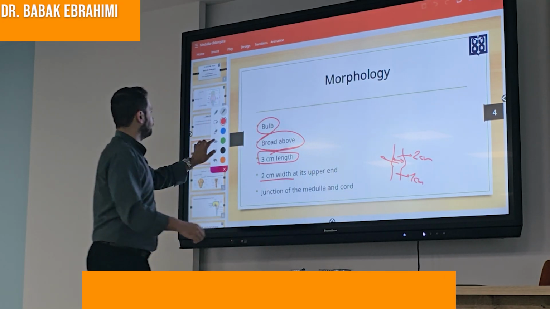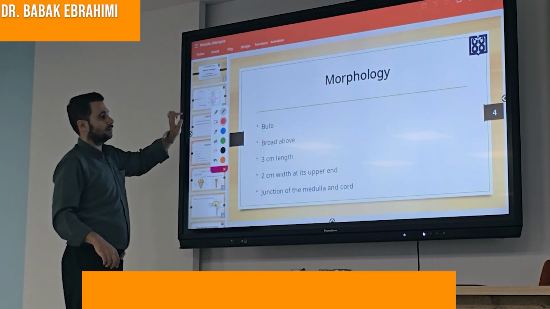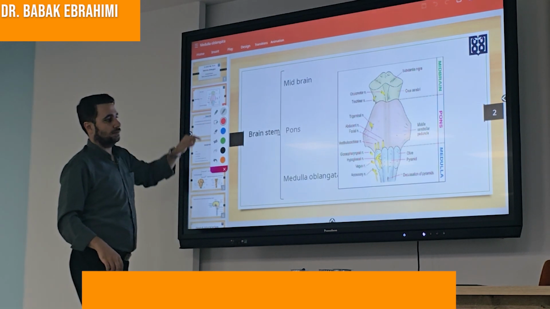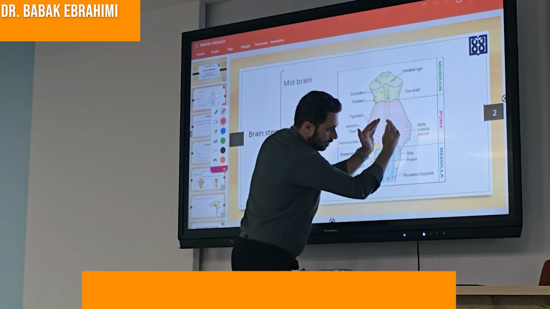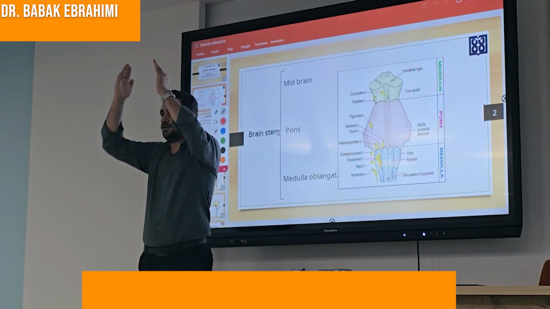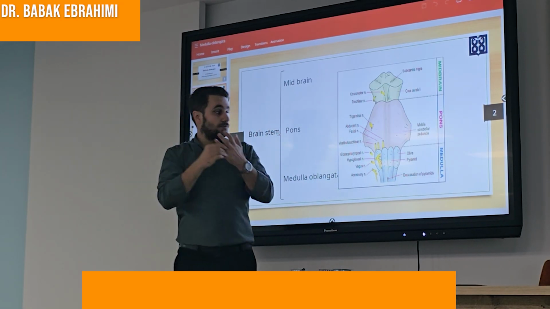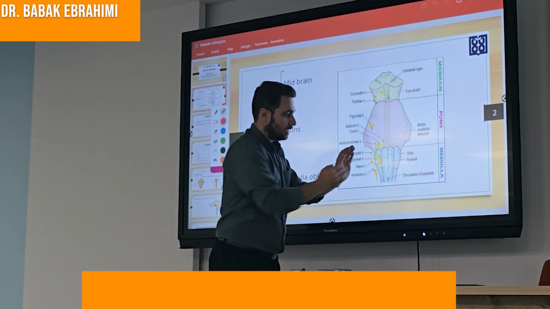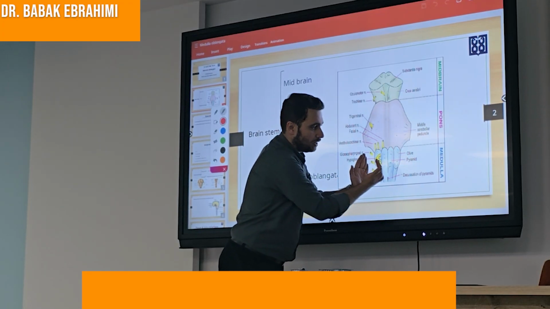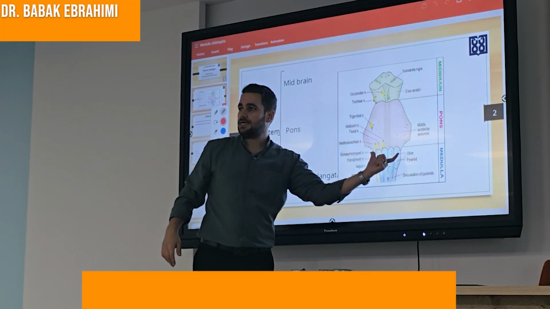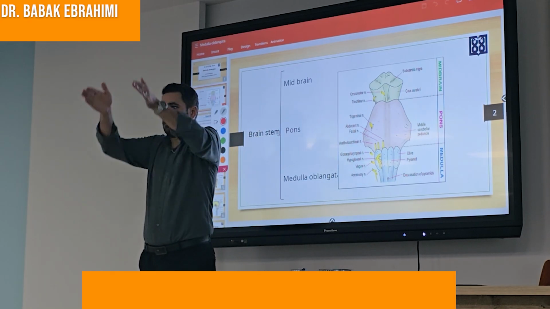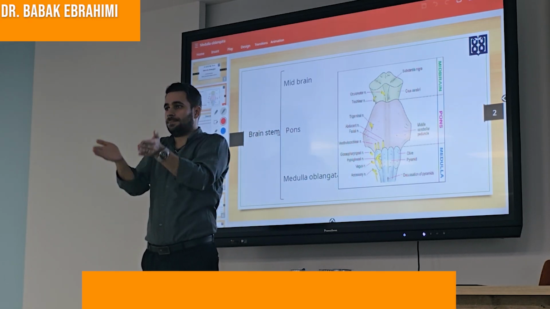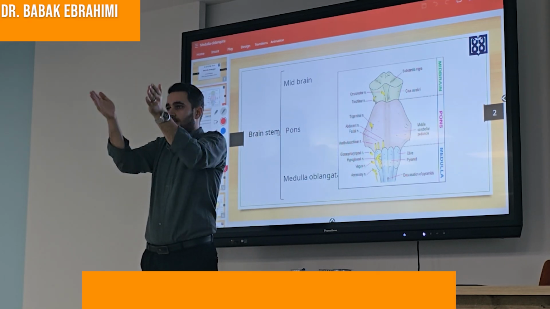Look at here. It's something like this. It is started and then being wide. Okay? So the superior part of the medulla oblongata is wider, and it is 2 centimeter width. The inferior part is something like this. Okay? The superior part has 2 centimeter width.